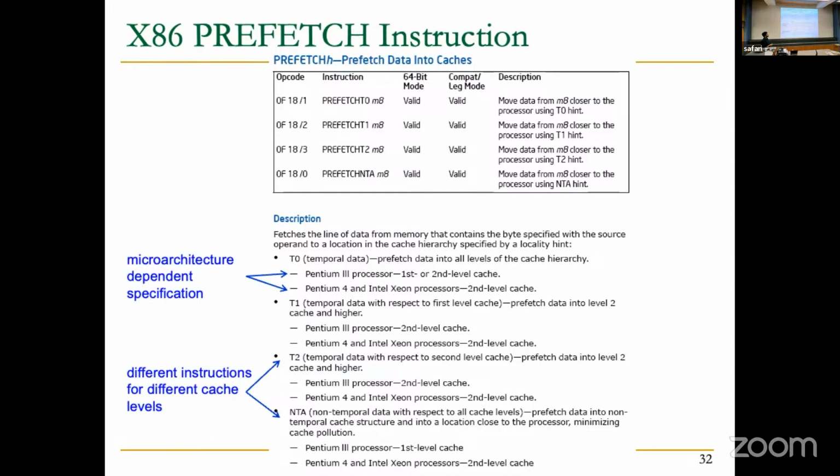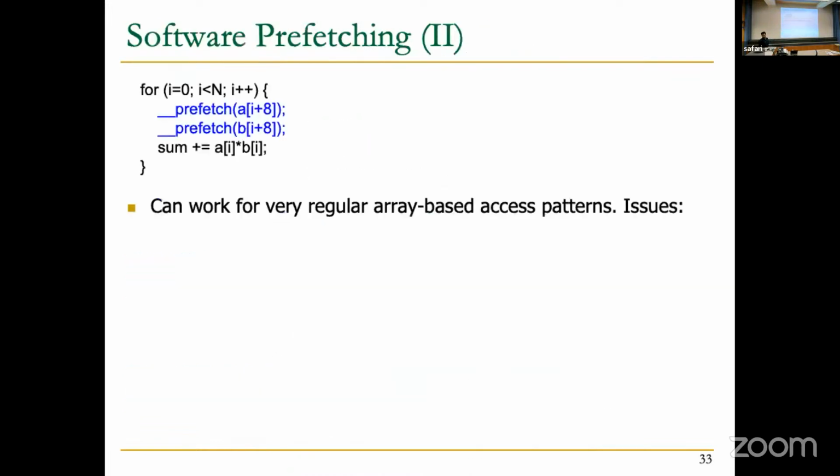If you execute this prefetch T0 instruction in a Pentium 3 processor, it would place the data in first or second level cache. But if you execute it in Pentium 4, it would place it in the second level cache only. That's dependent on the microarchitecture specification, on who implements it and how.